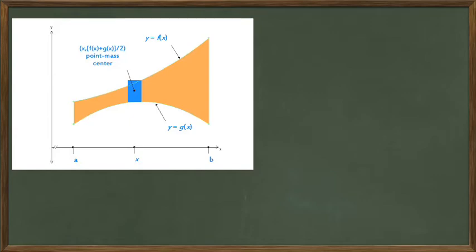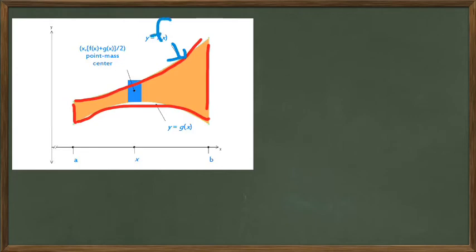We want to find the center of mass of this irregularly shaped region, and this region is defined in general to have a top curve that is f of x, and a bottom curve that is g of x, and we're trying to find the center of mass on the interval A, B. And we might guess that the center of mass would be maybe about right in here somewhere.